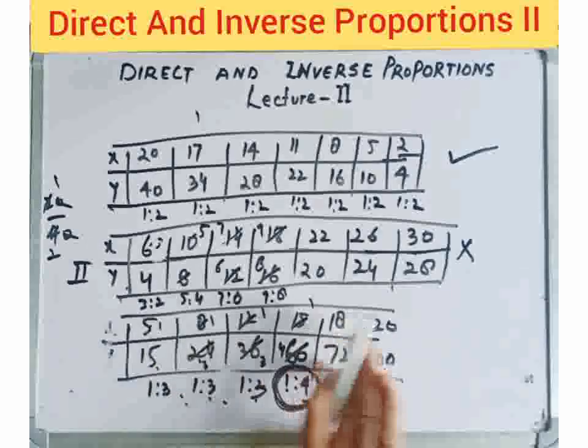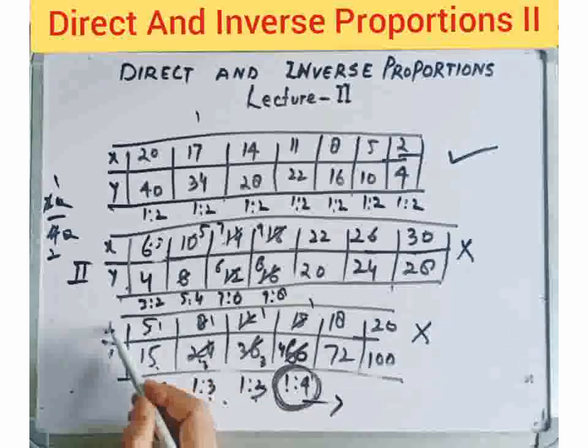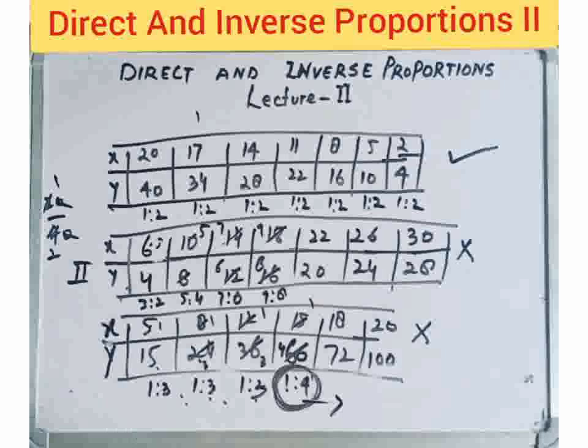So in this case x and y are not directly proportional to each other. I hope that you have understood how we can see whether two variables are directly proportional to each other or not.